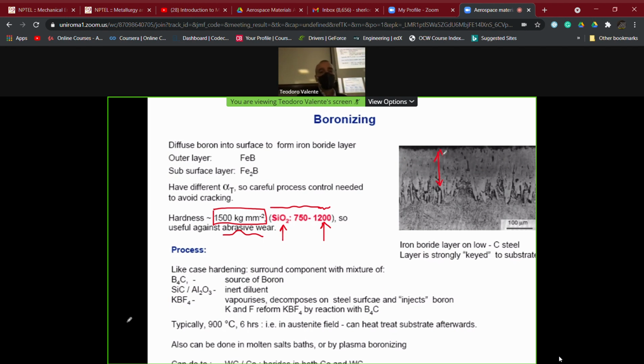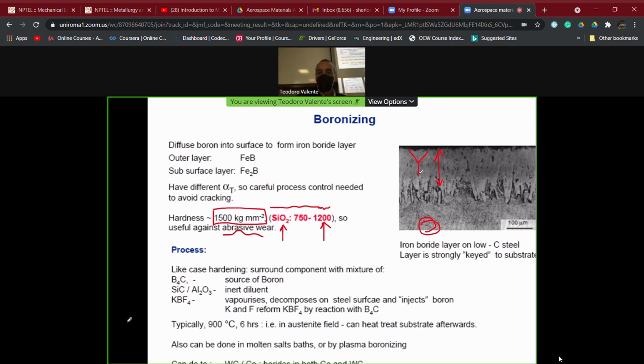And this is the reason why we can think to use, in this case, for example, standard Vickers micro, not nano, hardness, because the penetration of boron and the formation of iron borides allow us to use the standard Vickers micro hardness testing with, for example, 100 grams of load and resulting in a depth of the indentation which is not essentially affected by the bulk material, because the depth is still inside the surface layer which has been treated.